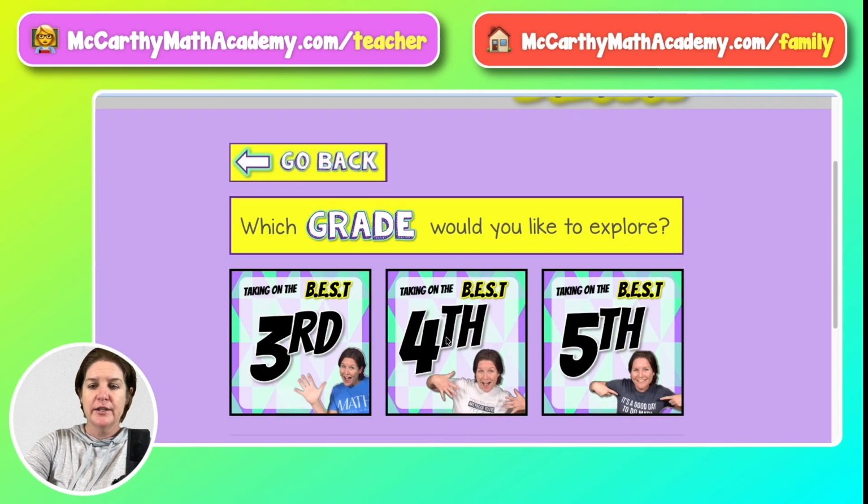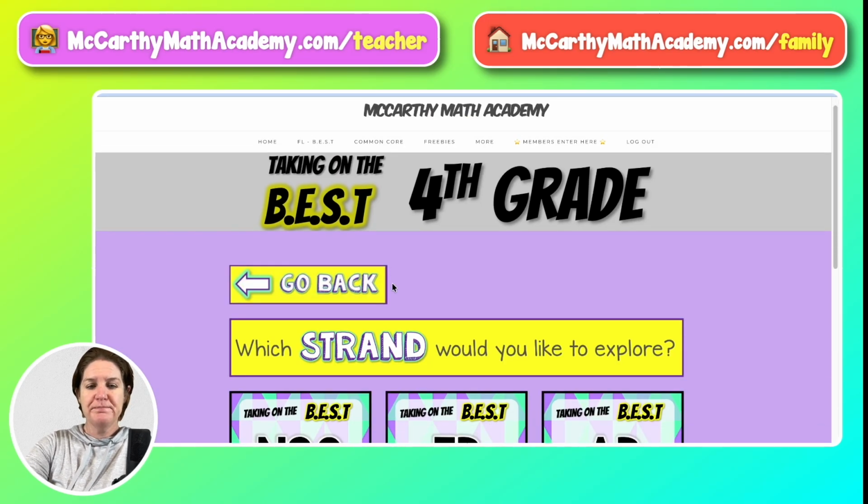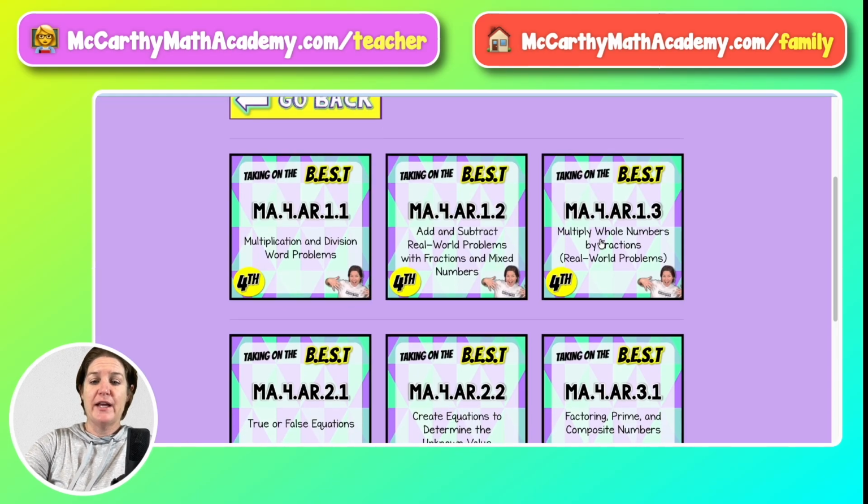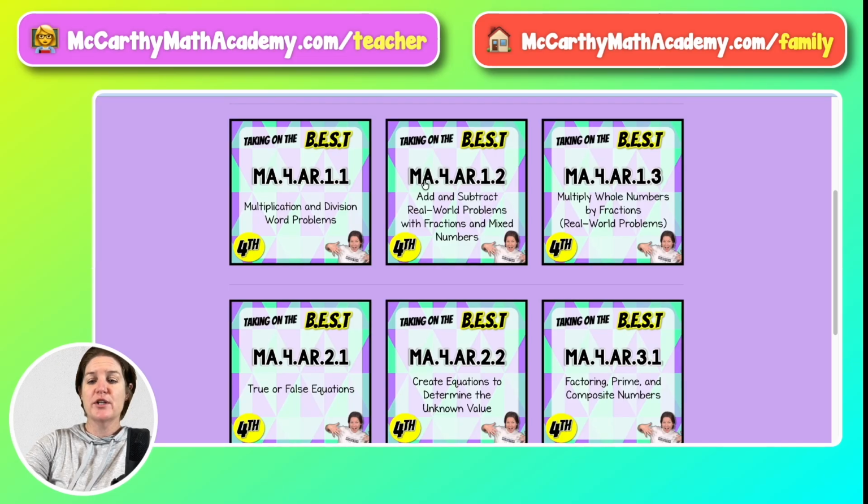It's very similar. And this is a 4th grade problem. And we're actually going to go right into here. I know it was a fraction type of problem, but this is an algebraic reasoning strand benchmark. Okay, and the 2 benchmarks that we were talking about were these 2 right here: add and subtract real world problems with fractions and mixed numbers, and multiply whole numbers by fractions in real world problems.